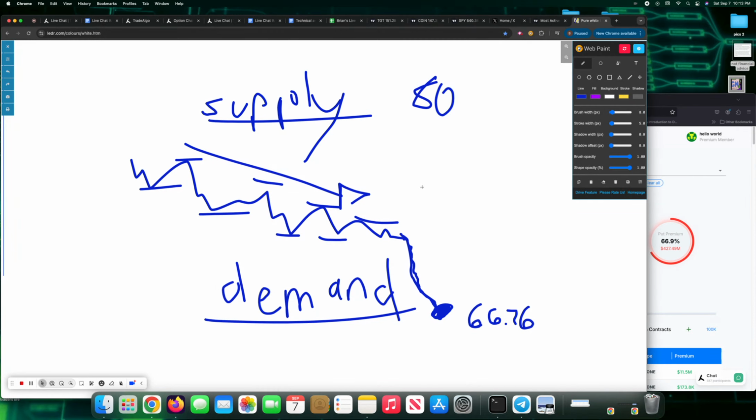It was still pretty decent around 72, but now we're getting a steal, right? So they create a demand zone. So there is a point on the chart where they believe this thing is a steal.